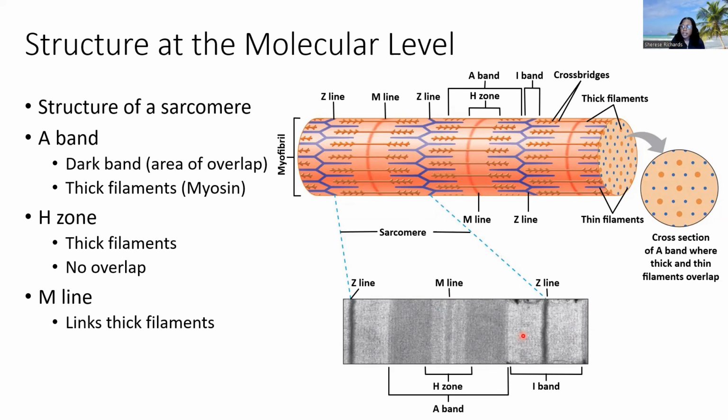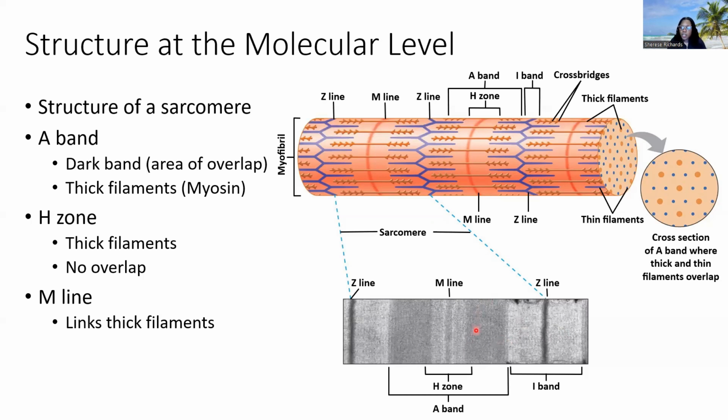which makes sense. They're smaller proteins, they're less dense, so they're going to stain less densely on histology, as opposed to the A band, which is the central part of the sarcomere, which has an overlap. So the A band has an overlap of thin and thick filaments. That's another unique feature of the A band.